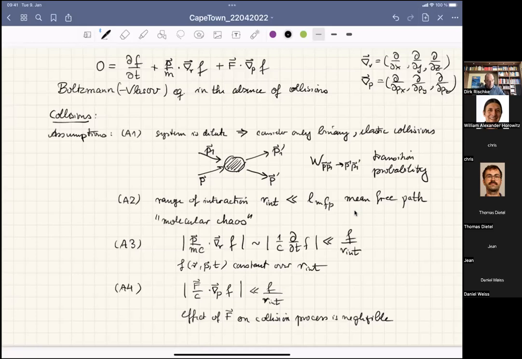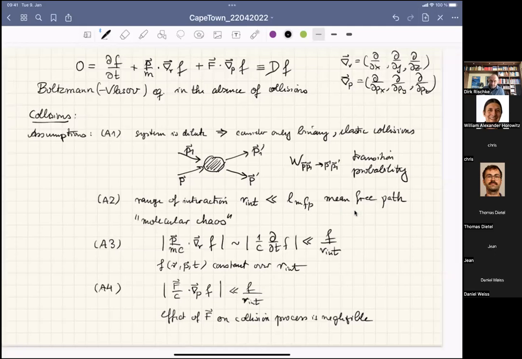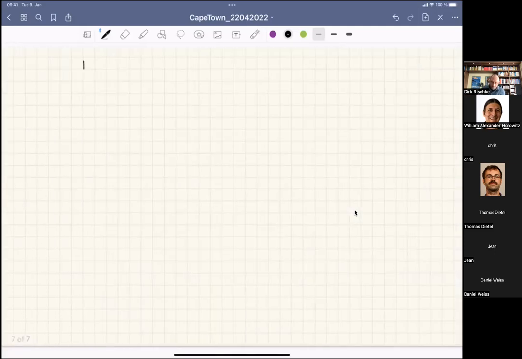Now what happens to the Boltzmann equation if you include collisions? Let me abbreviate the right-hand side in the following by this capital DF. So this D is an operator, which means I take all these derivatives on the left-hand side, acting on F, just for notational convenience. If I introduce collisions, then the Boltzmann equation will change.